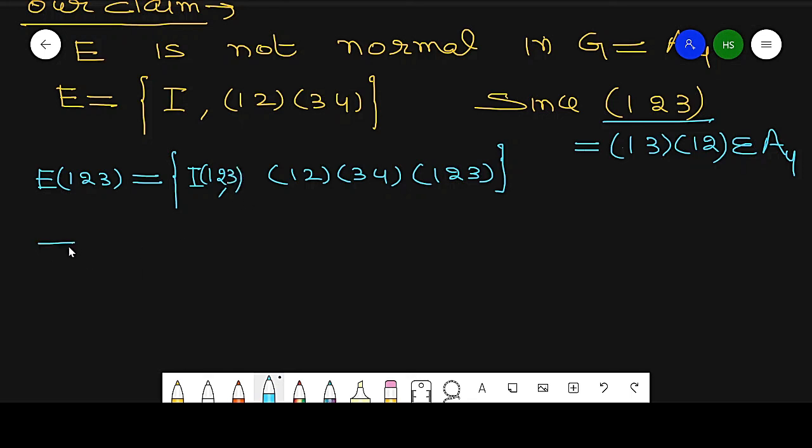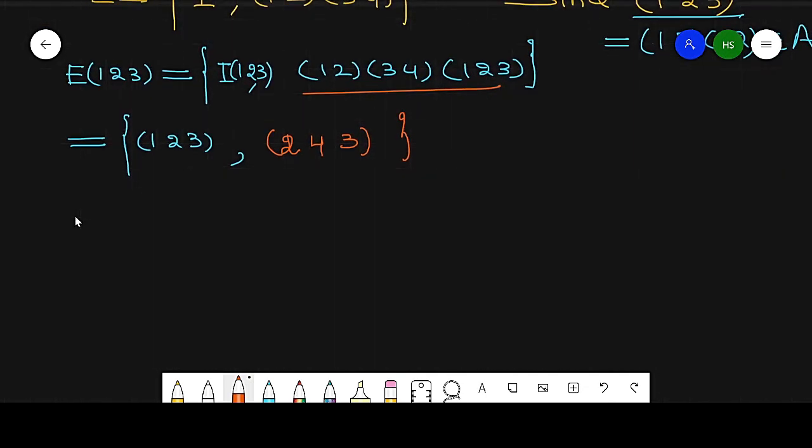The first element is (1 2 3), and the second: 1 goes to 2 and 2 goes to 1, so this will become identity. Now I take 2. 2 goes to 3, 3 goes to 4. Now 4 goes to 3, then 3 goes to 1 and 1 goes to 2. So this product is written in this way.